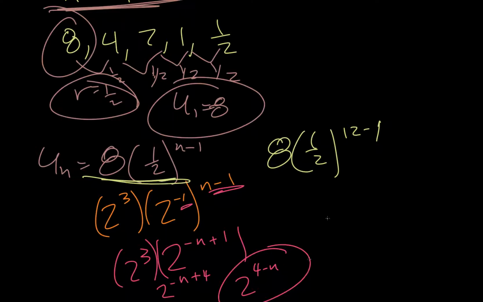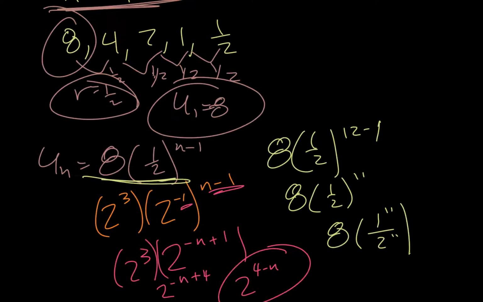Okay, so we do 12 minus 1, which is 11. And if we do 1/2 to the 11, that's the same as saying 1 to the 11 over 2 to the 11, and 1 to the 11 is just 1.